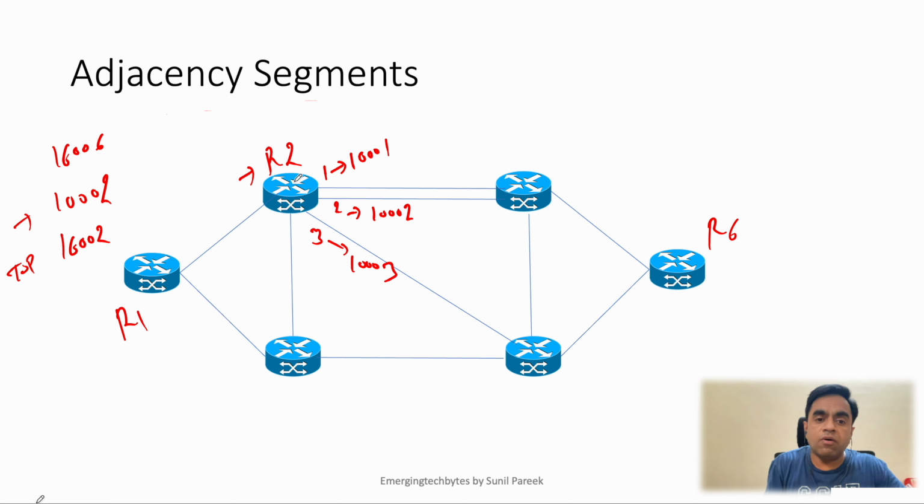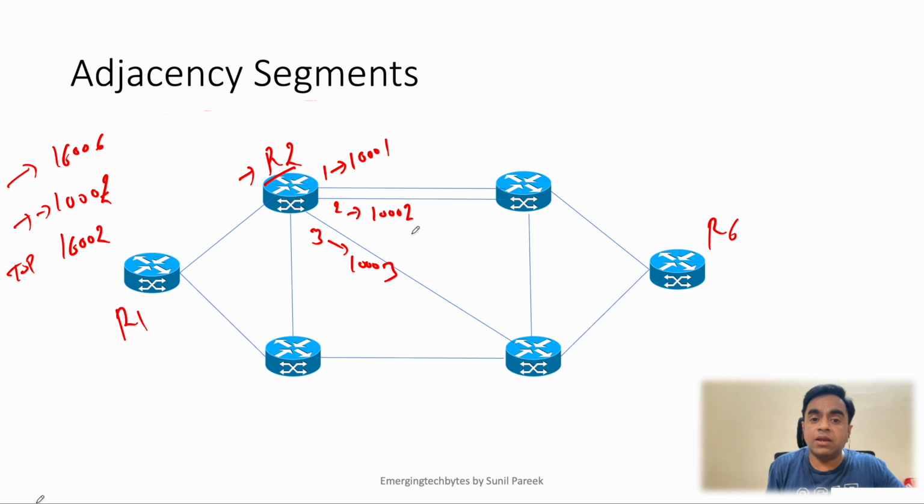Then when the packet reaches R2, this label will be exposed. I hope by now you understand implicit null, but I will talk about that as well in our upcoming sessions. And once this label gets popped off, the label which gets exposed is 16006.